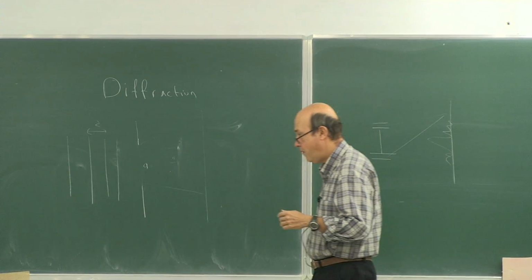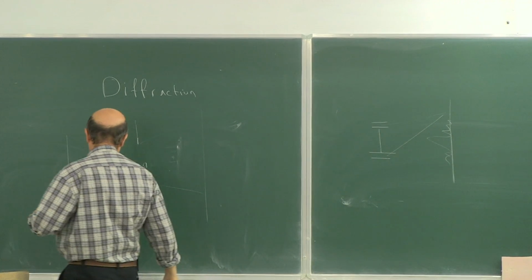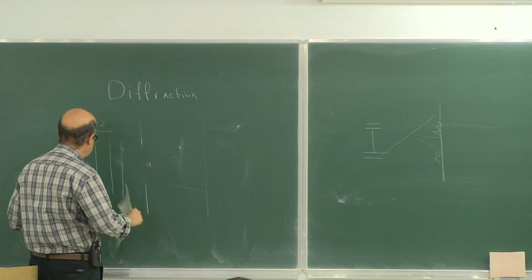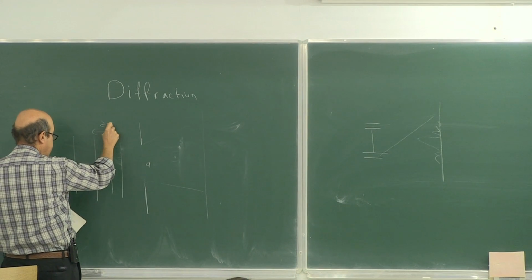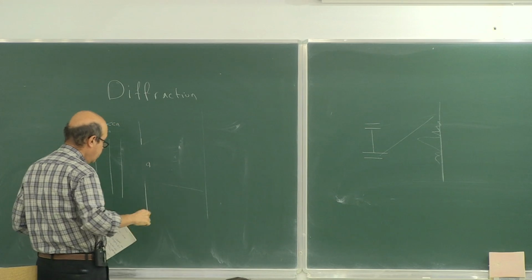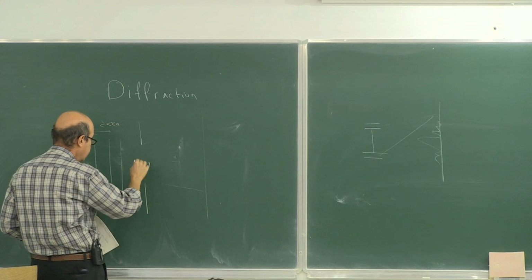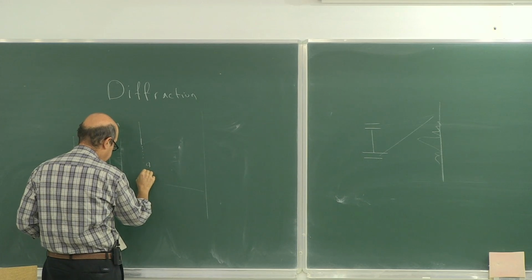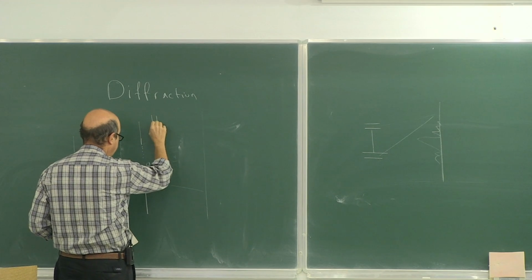But if you think about an opening with size A that is much larger than the wavelength, then you can think that there are many sources there. This is the Huygens principle.